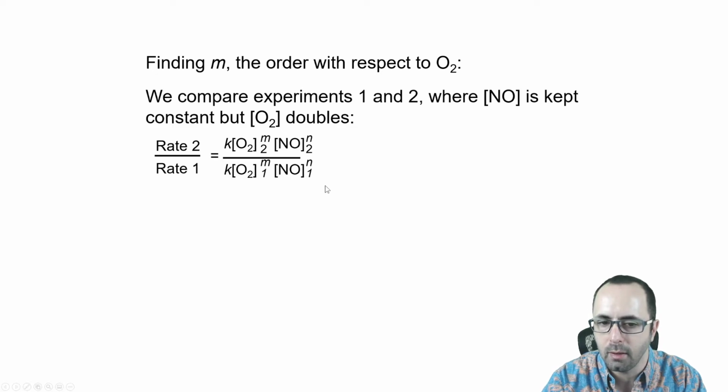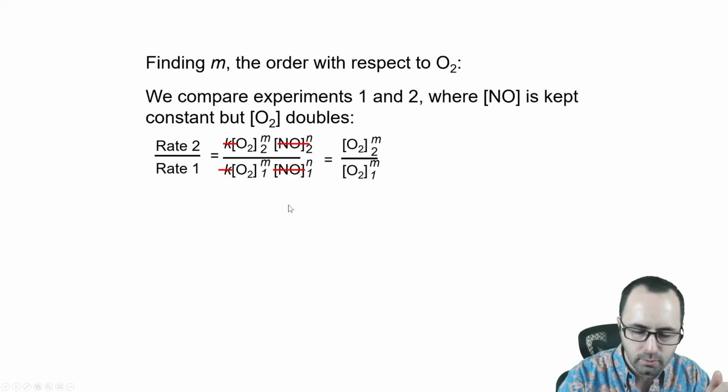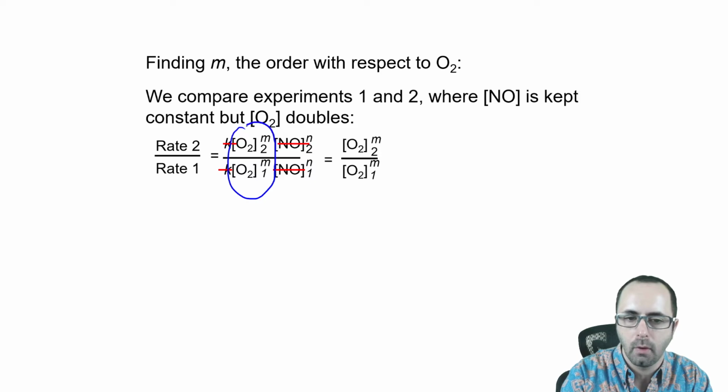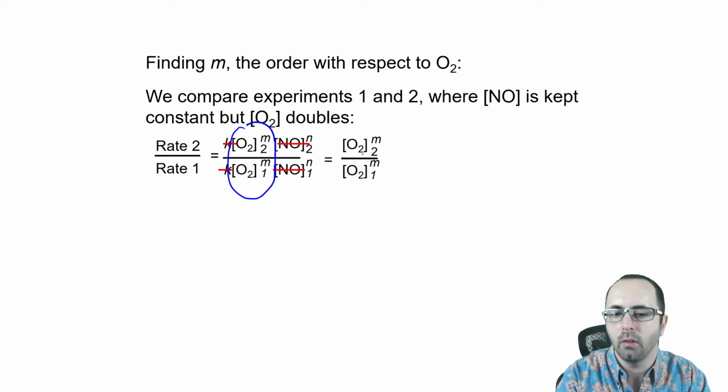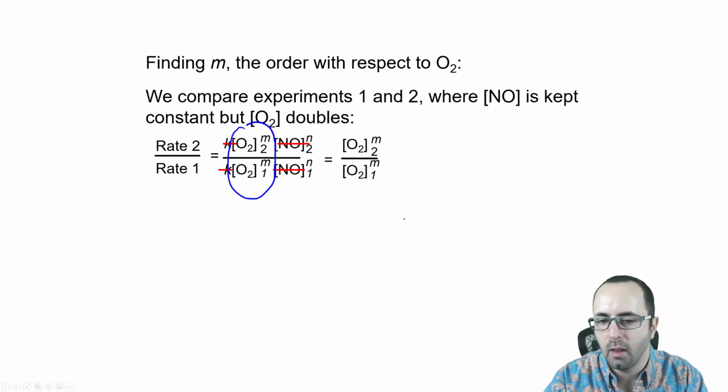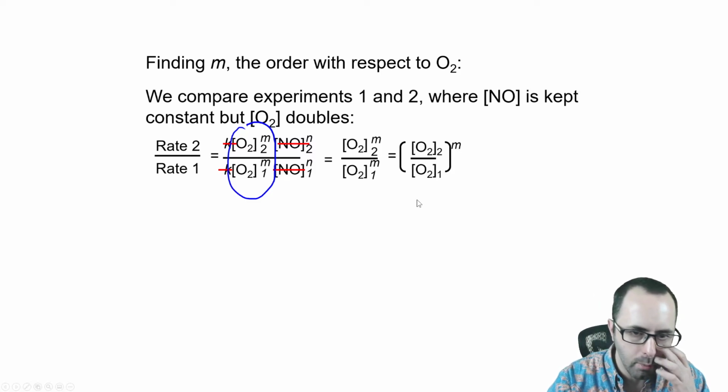NO is kept constant, so we cancel those. And k is also constant, so we cancel that. Just the O2s are left here. So it's O2 in experiment 2 to the n power over O2 in experiment 1 to the n power, and of course we can put those in brackets with both to the n power.